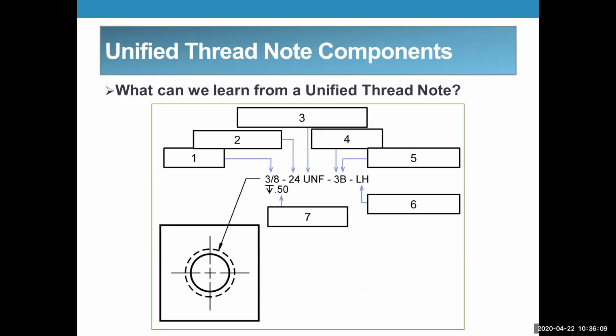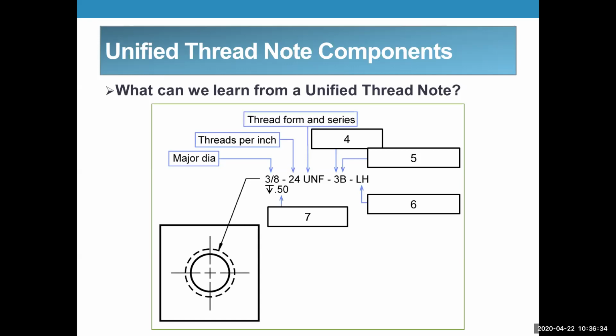So here's what a thread note looks like, unified. So that means it's inch. Let's go through it. The 3/8 is the major diameter. The 24 is threads per inch, because that's how we call them out.